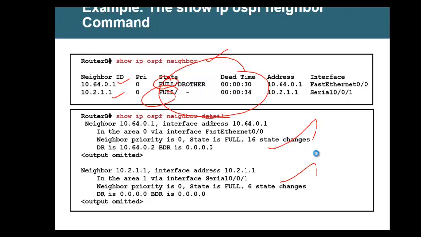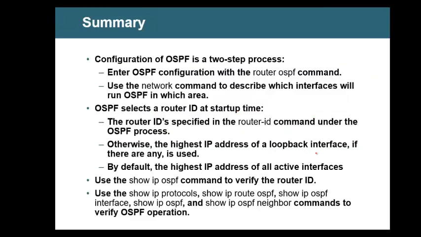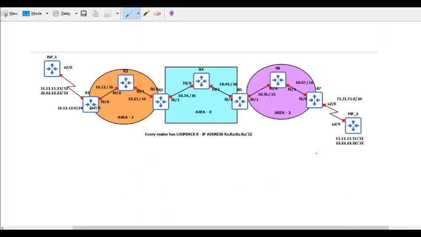So today what we have seen is the OSPF configuration, and I have also given you some show commands which are also listed here. If you have not noted, note them down now. I'm going to give you a lab exercise. We'll be using this topology for various topics.